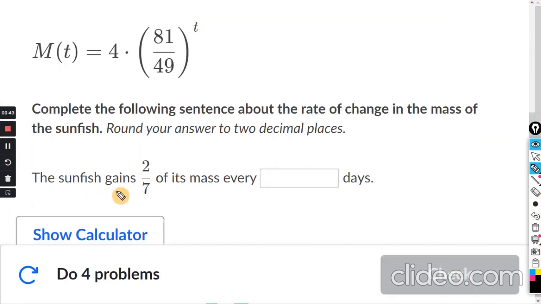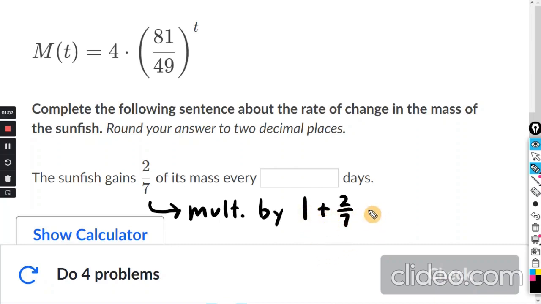Okay, in order for the sunfish to gain 2/7 of its mass, you need to multiply by 1 plus 2/7. Okay, the 1 represents 100%, and then you're adding 2/7 of that.